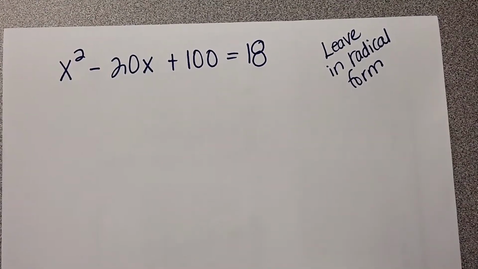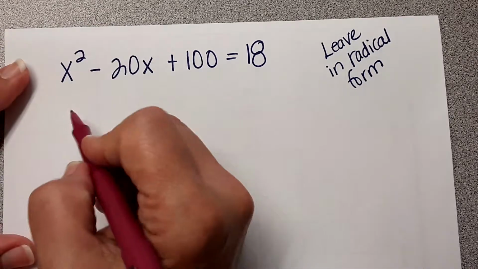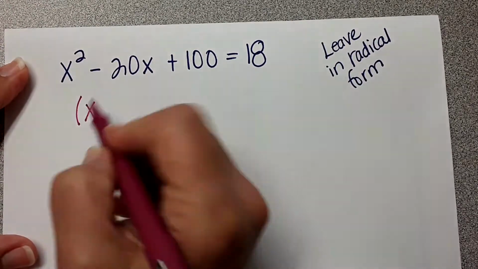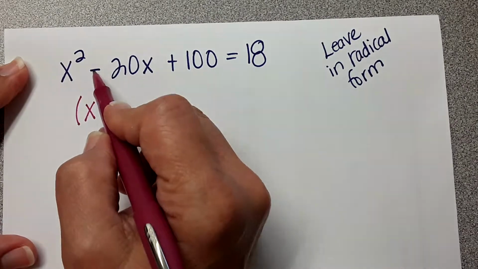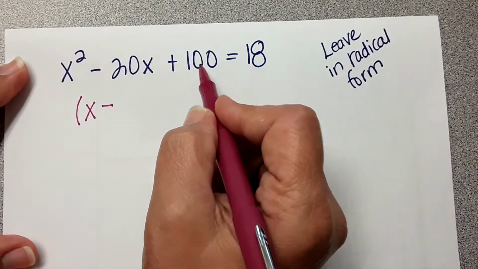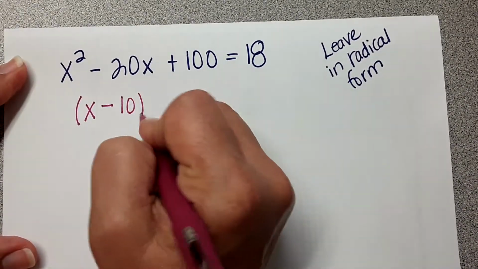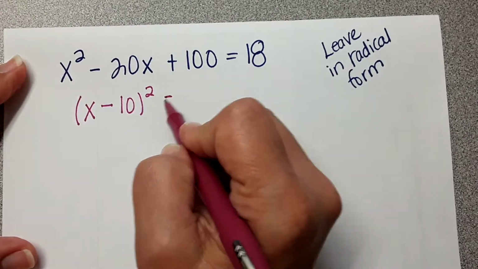Can you take the square root of 100? What do you get when you take the square root of 100? When you double 10, what do you get? You get 20. So when you do this, remember that sign needs to match this sign. The square root of 100 is 10, equals 18.